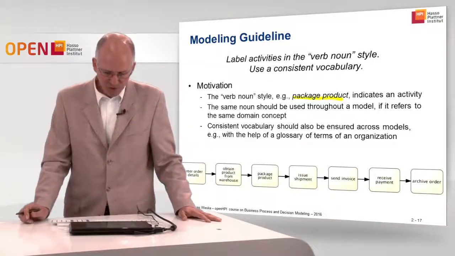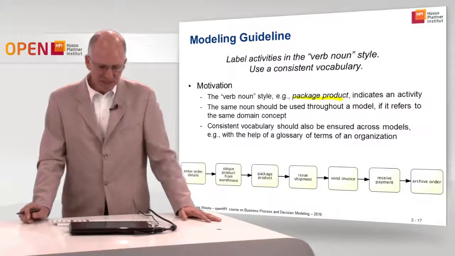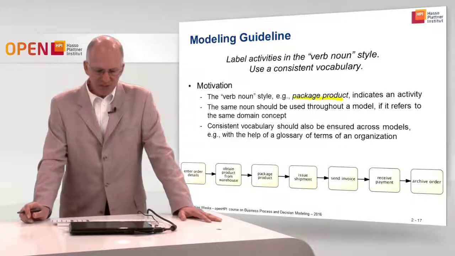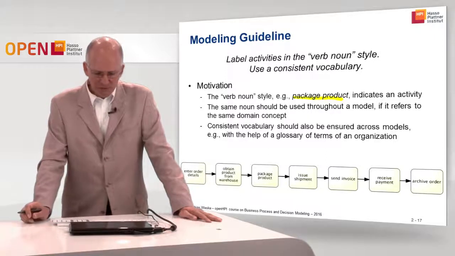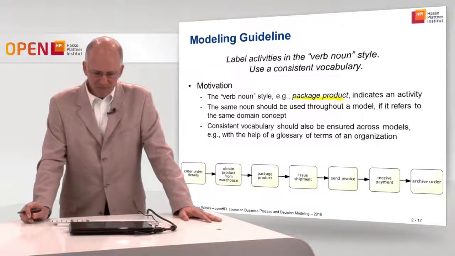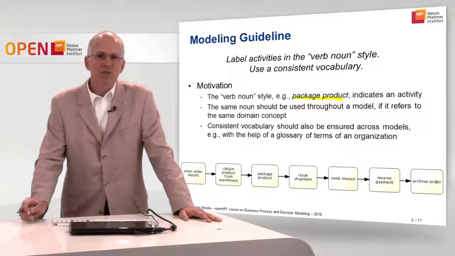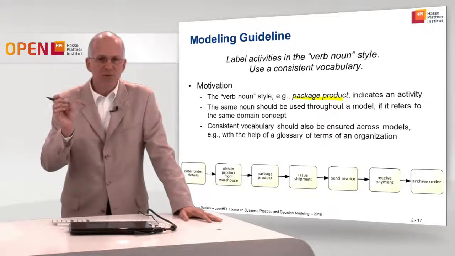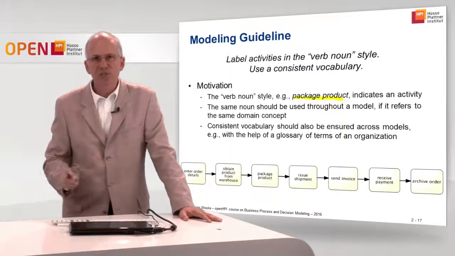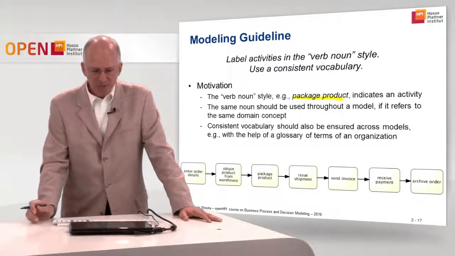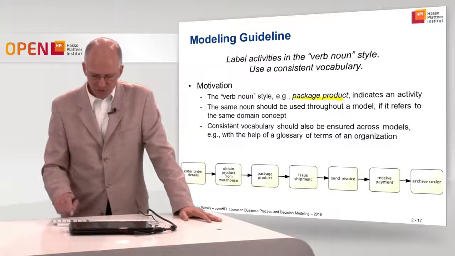Consistent vocabulary should also be used across models, and we can use a glossary of terms of an organization to do that. There are process editors, including the Signavio process editor, that provide a glossary so that when you label an activity, you are proposed a number of labels that are specified and documented in the glossary of the system, so you will not end up with problems like the one I was mentioning before.